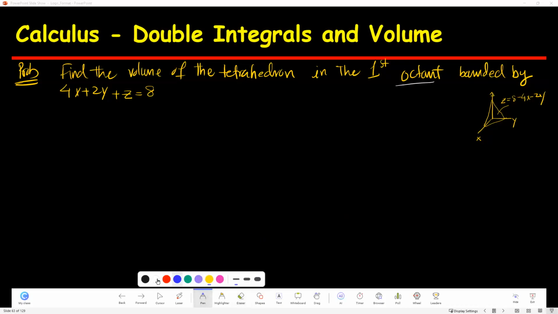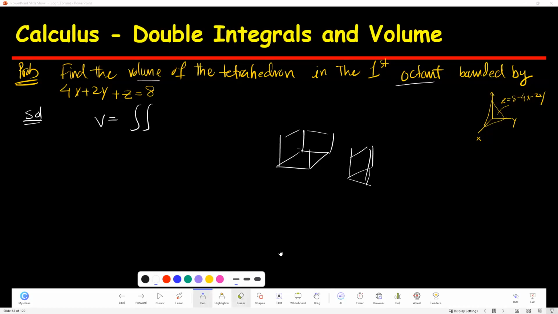And I'm going to go to my basic methodology. I need to find the volume. No problem. Volume equals, I know this is a function, so I'm going to take a double integral, and I know if I have a surface and I take a double integral, I'm going to get the volume, right? This is my surface. Doesn't matter what surface I have. If I have this surface, I can do this and then find my volume.